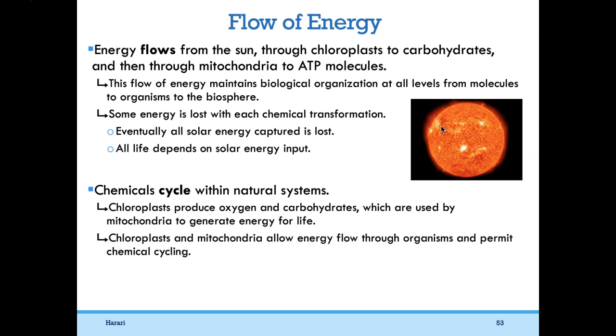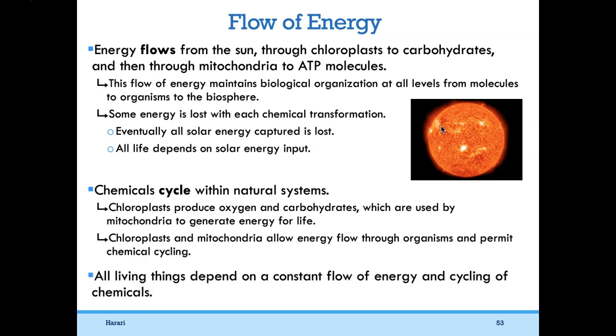And chloroplasts and mitochondria allow the energy to flow through organisms and allow these chemicals, the carbohydrates and CO2 specifically, to cycle. So in conclusion, we see that all living things depend on a constant flow of energy and a constant cycling of chemicals.